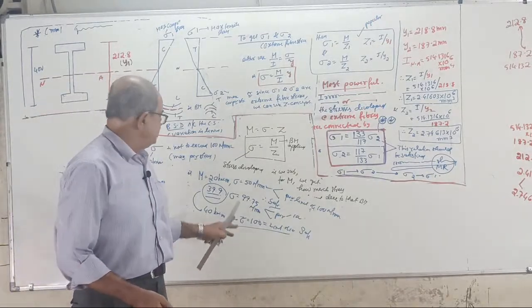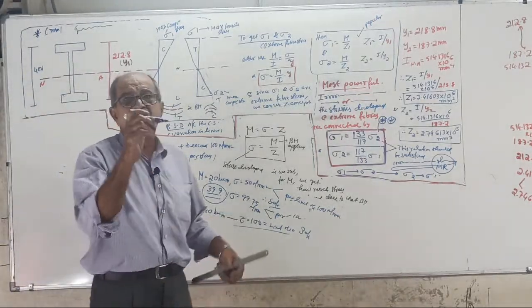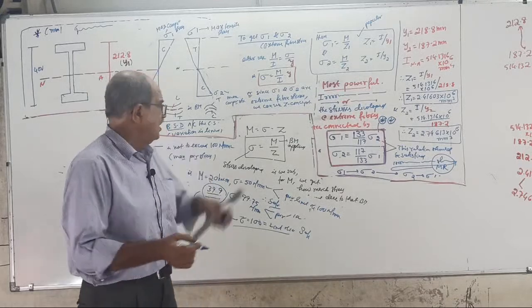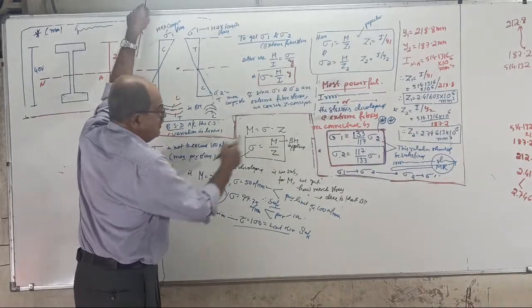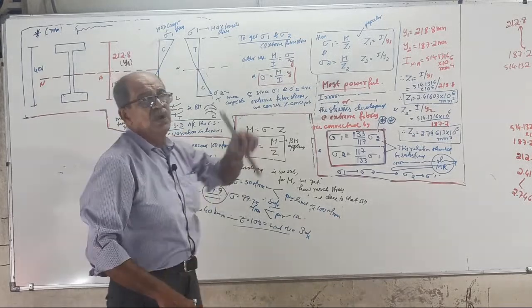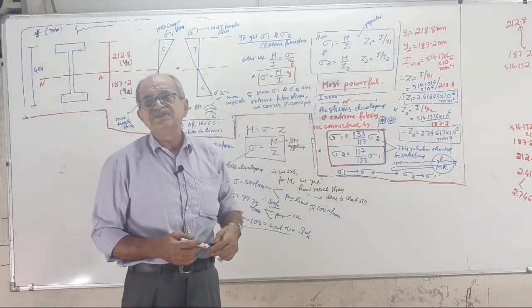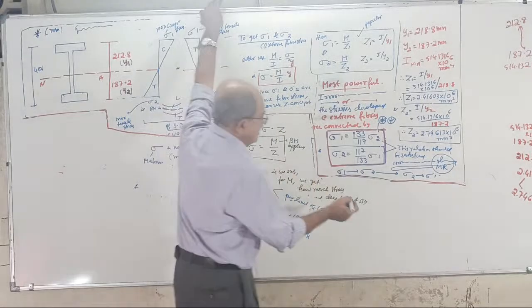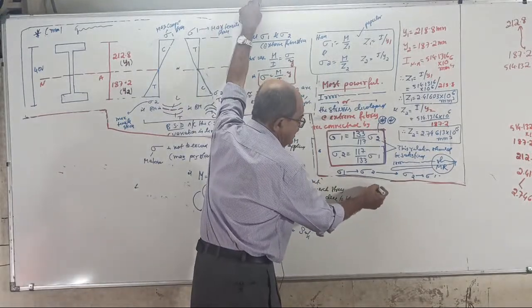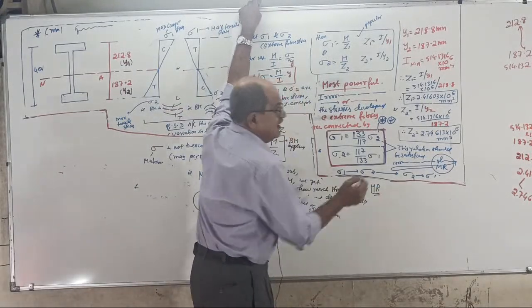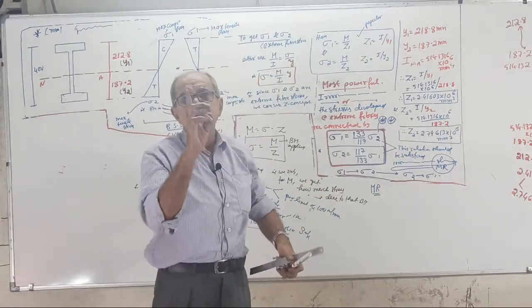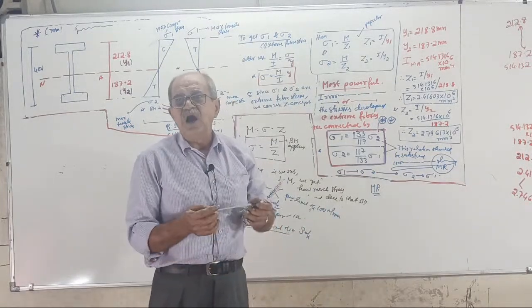So maximum MR is now 40. By chance if you apply more than 40, then when you divide by Z, the stress will become more than 100. It is not safe. Therefore, when you consider MR, it should be the maximum BM the cross section can resist.